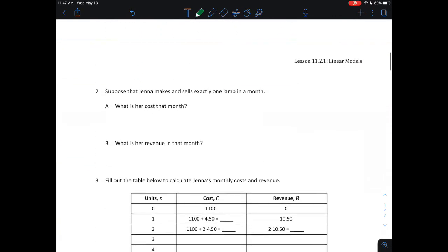Continuing to number 2, suppose that Jenna makes and sells exactly 1 lamp in a month. So now here's a different scenario. Let's say that she has this particular month and she's just going to make and sell 1 lamp. What is her cost for that month? Well, we have to think of what does she have to pay even if she makes no lamps? $1,100 in rent.